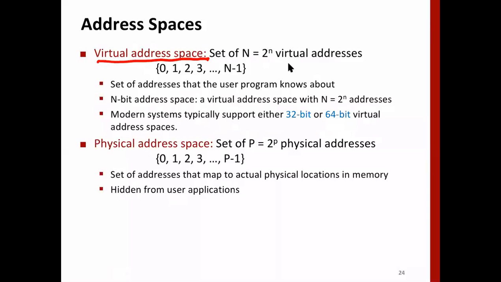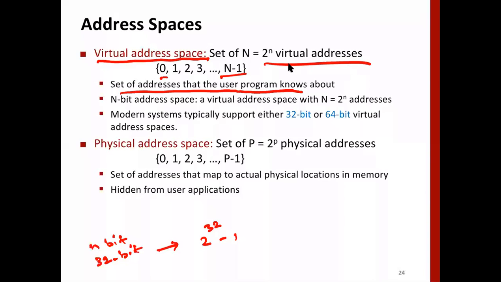Each process has a view of the virtual address space, which is, if you have an n-bit machine, like RISC-V, which is a 32-bit machine, a virtual address space of 2 raised to the power 32 minus 1, including of course 0. These are the addresses which the user program, or each process, knows about.